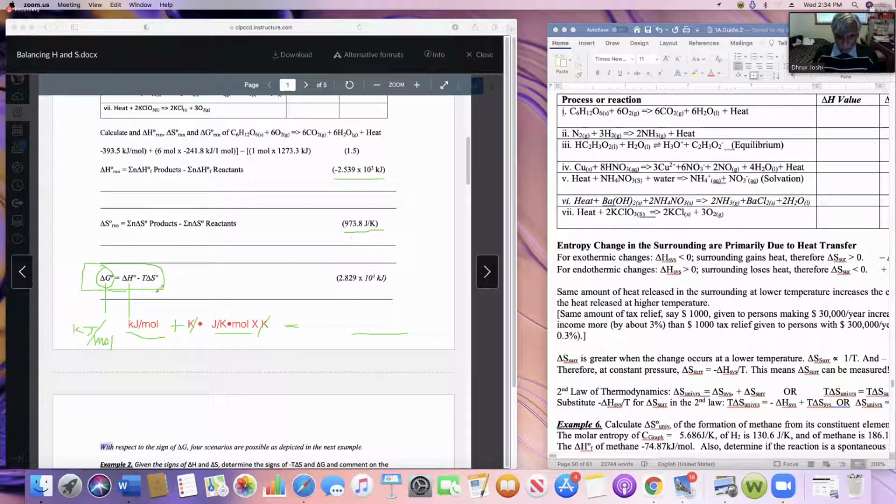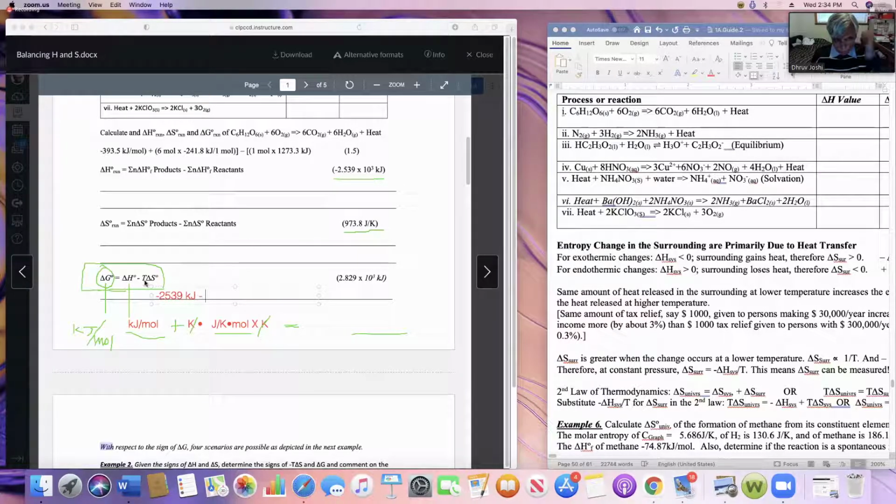We're just going to do delta H, which is this one, negative 2,539 kilojoules, and minus T delta S.